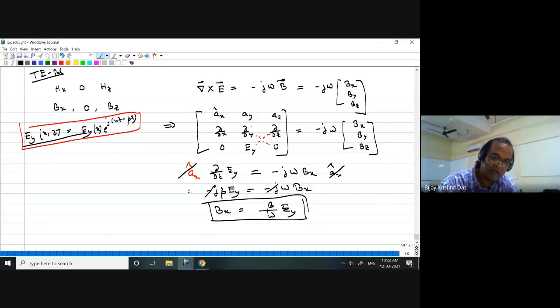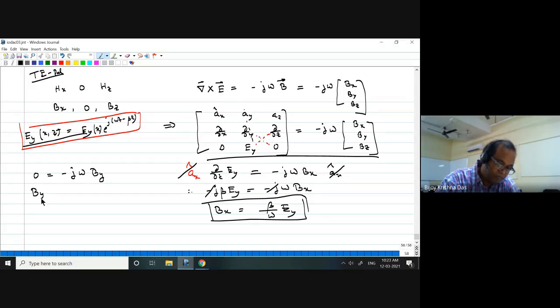Similarly, if I try to get from this equation, what is the y component? I have to multiply this one and this one, right? That is 0. So I write 0 equal to minus j omega by. That means it is clear that by must be equal to 0. By must be 0 for all position, all time.